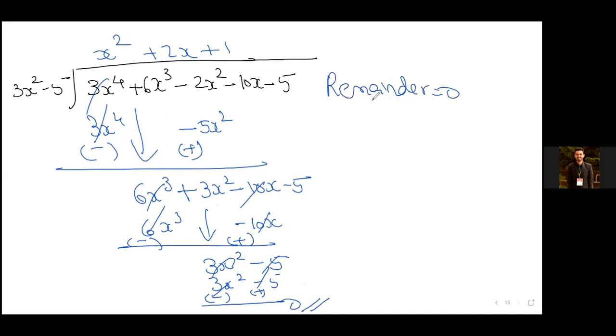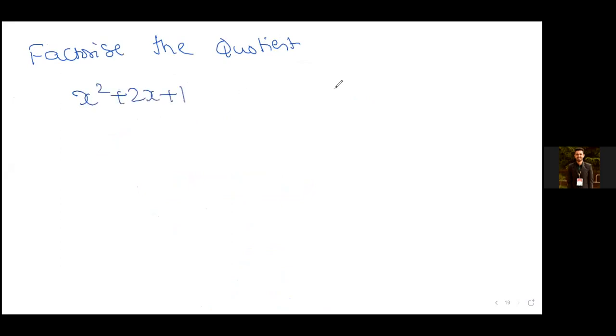Remainder obtained as 0. Next, further we need to factorize this term. We need to factorize the quotient we obtained, that is x square plus 2x plus 1.